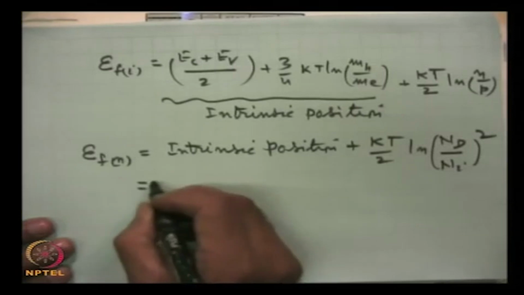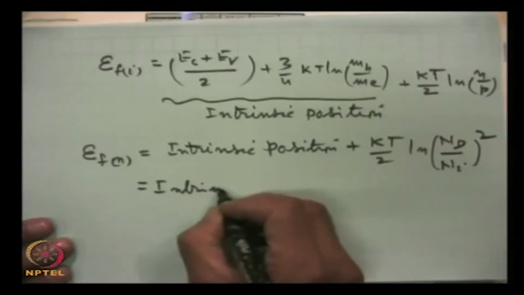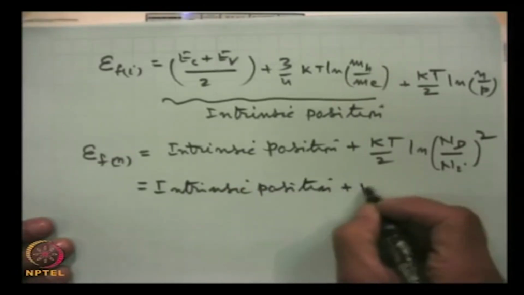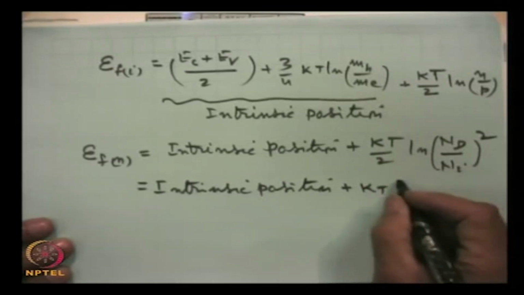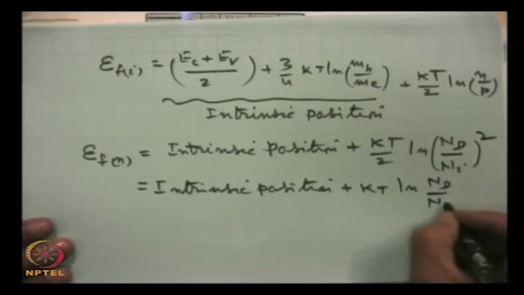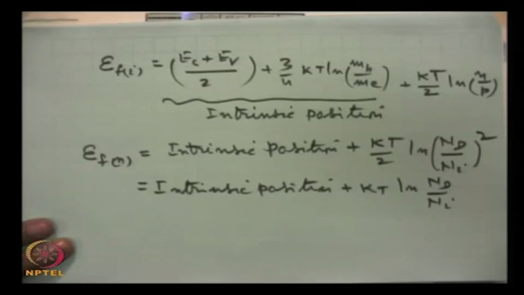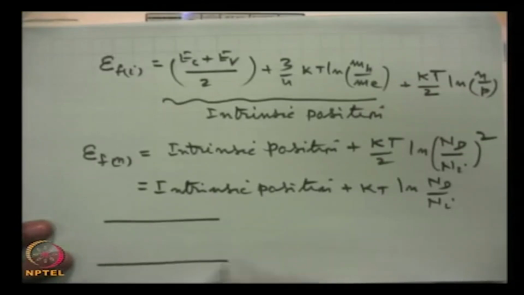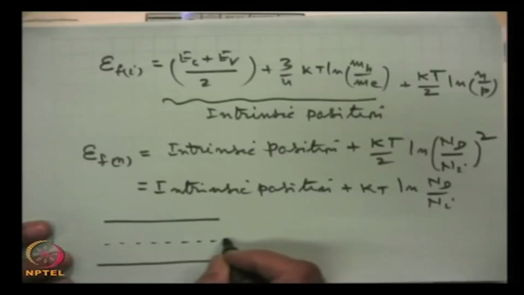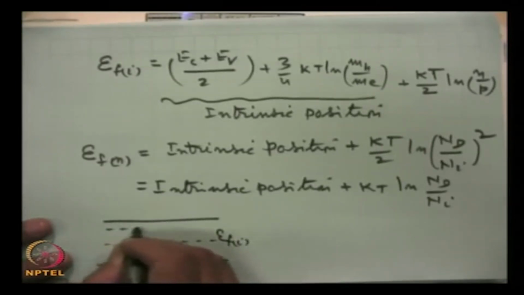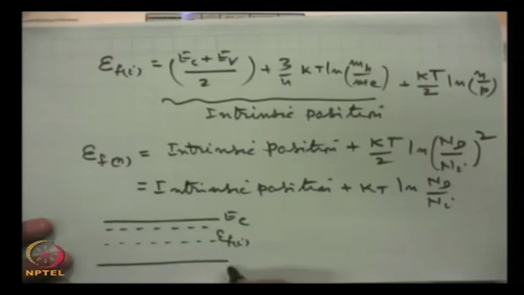So, this becomes intrinsic position plus kT log Nd by Ni. That means the Fermi level for N type material is, because this is for intrinsic semiconductor, this is for Ei, then here, that means closer to the conduction band edge.